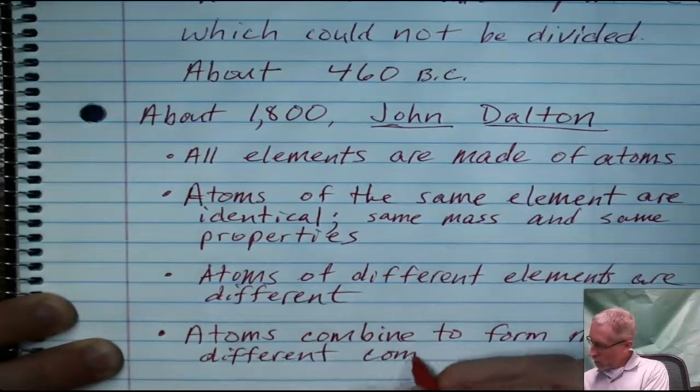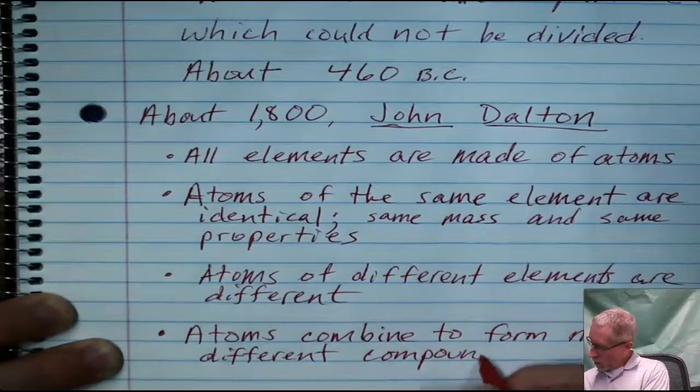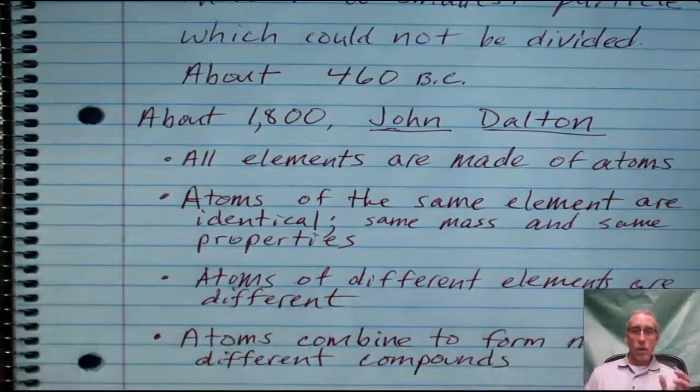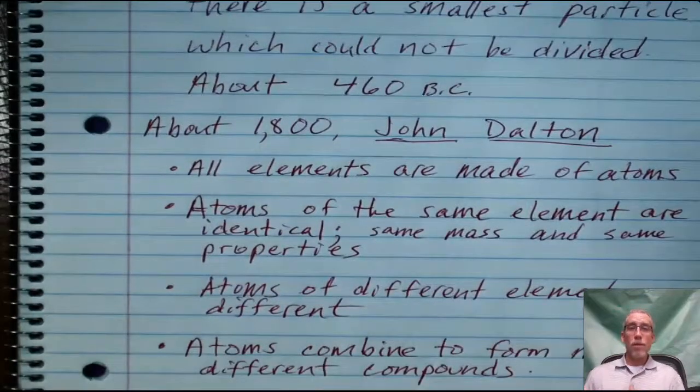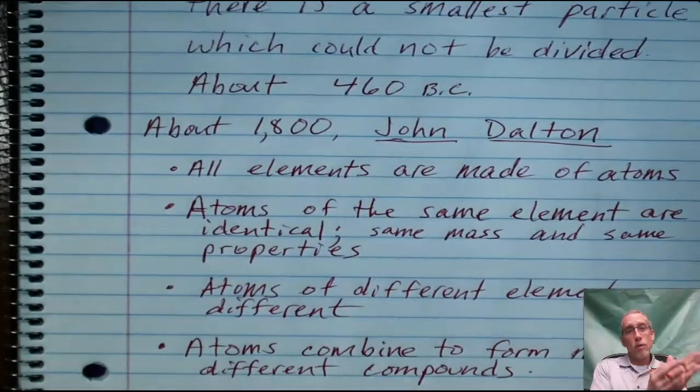We call compounds those things that form when atoms of different elements come together. Okay? By the time we're done with this semester, we'll have worked our way through an understanding of how those atoms combine chemically and form compounds, and then the compounds themselves can mix together, and we call that a chemical reaction.